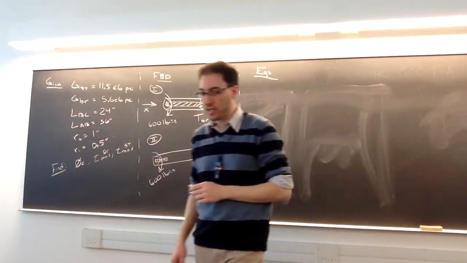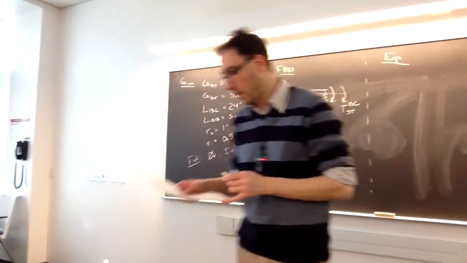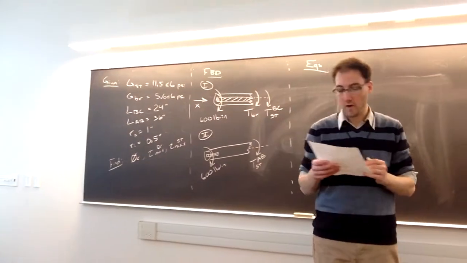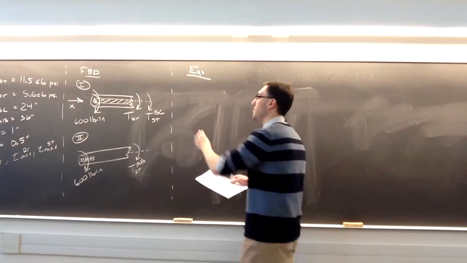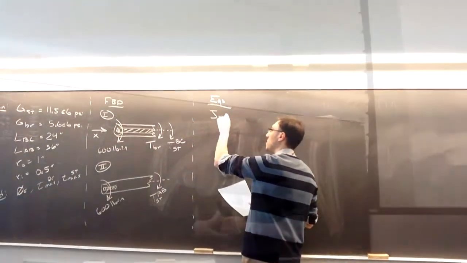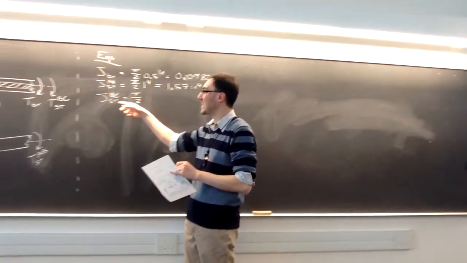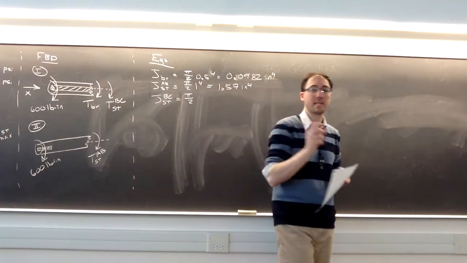In the equation step, because we're involving twisting here, I might as well at the front find out what my polar moments of inertia are so I can use them later. For the steel between B and C, we're just looking at the steel.